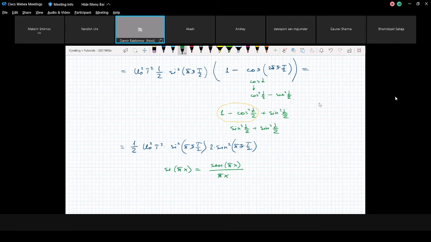Just one moment. Does it make sense? No, actually it doesn't make sense because we just have sine to the power of 4. No, we just keep it like this, and we can also cancel 2 and 1 over 2. So this is our energy spectral density.